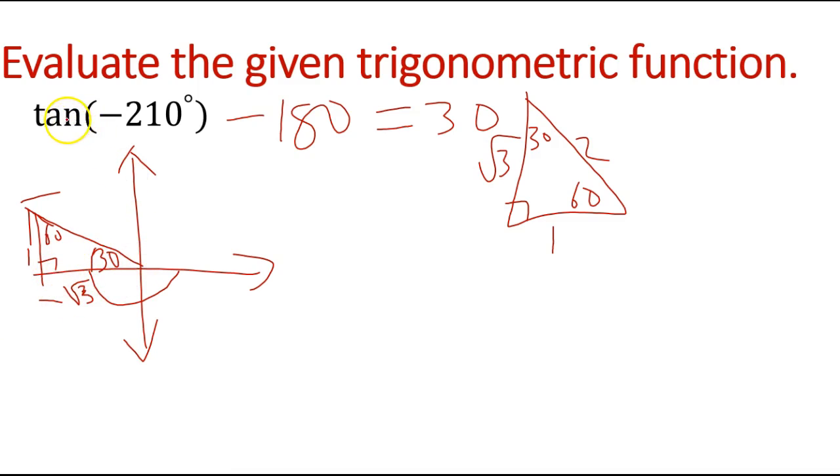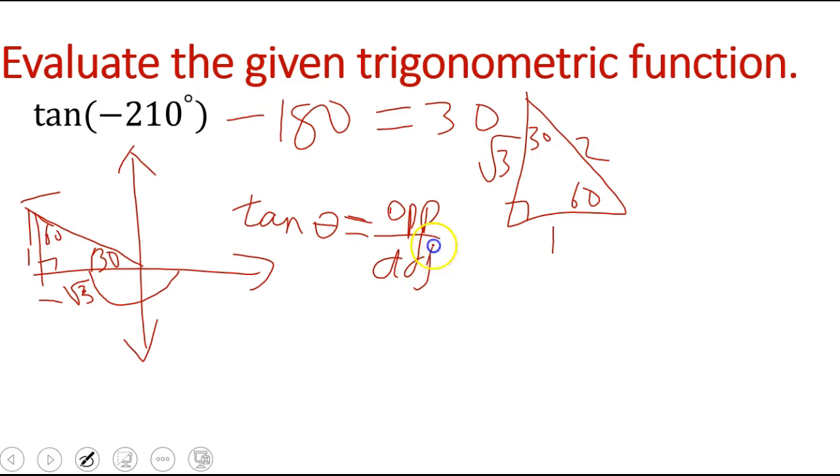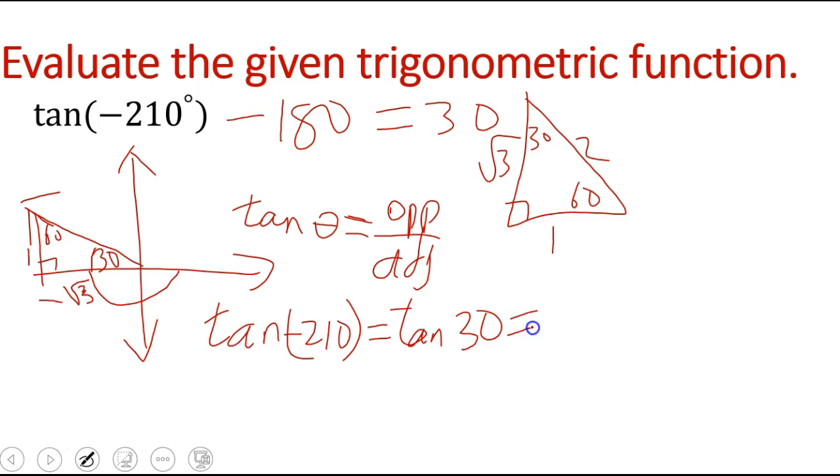Now tan theta is opposite over adjacent. So tan negative 210 is going to be the same thing as tan 30, which is, the opposite is 1 over the adjacent, which is negative square root of 3.